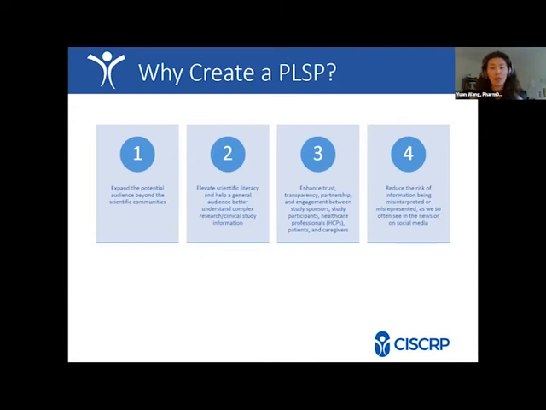So by publishing a plain language summary that's been peer-reviewed by patients and the original authors of the paper, this really helps reduce the risk of the information being misinterpreted or misrepresented. So these are all the considerations that we discussed and aligned with our teams when we did our first plain language summary publication. And I'm very happy to be here with everybody on the panel.